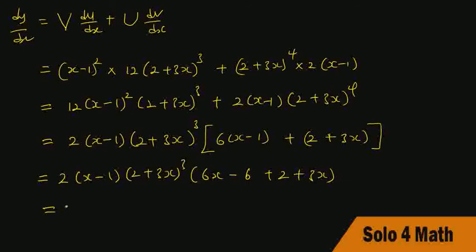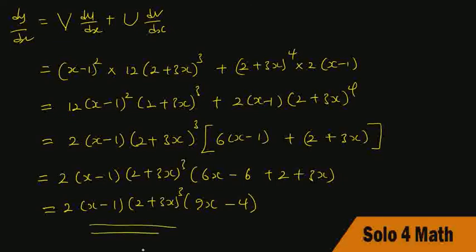We can simplify further, giving us (2 plus 3x) cubed into 9x minus 4, and that is it. You can imagine how you would get such after expanding.